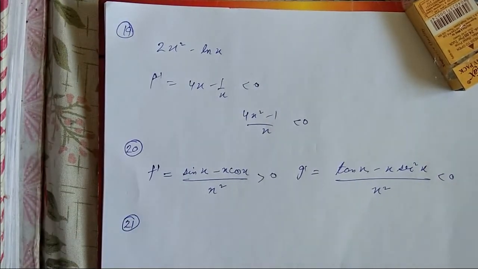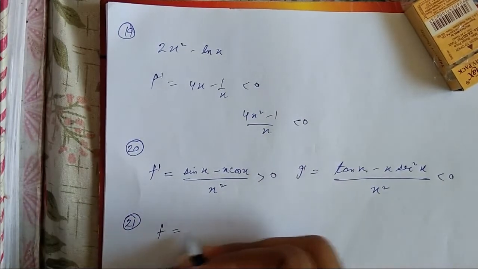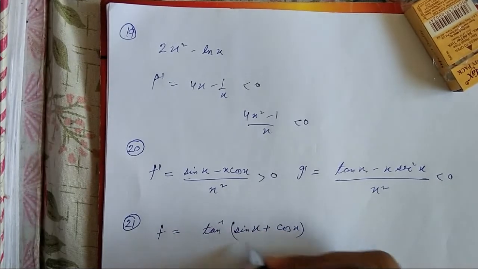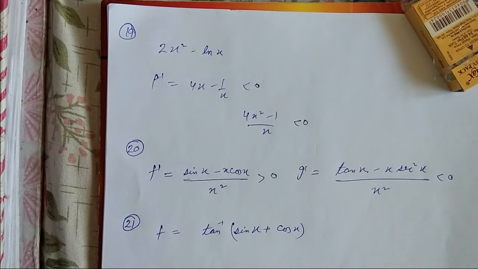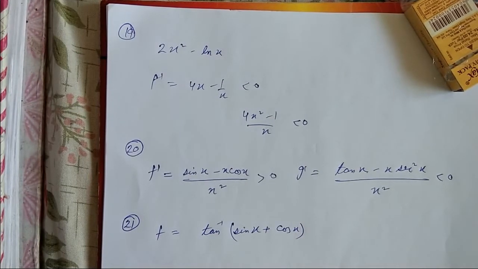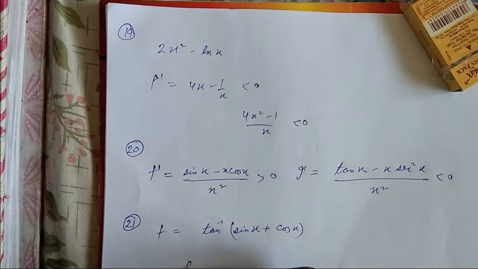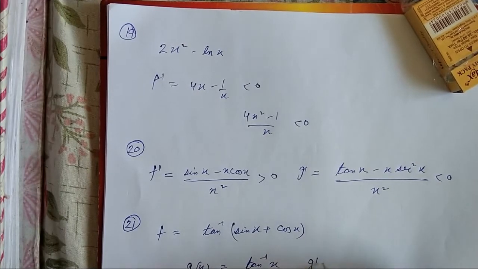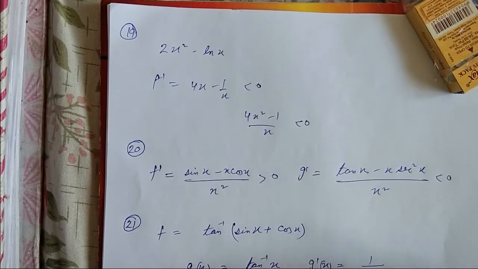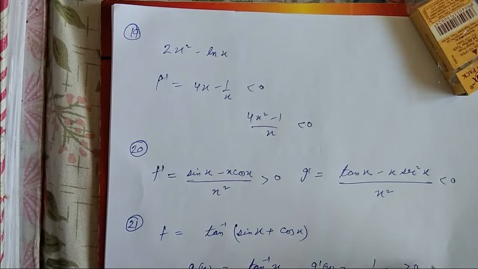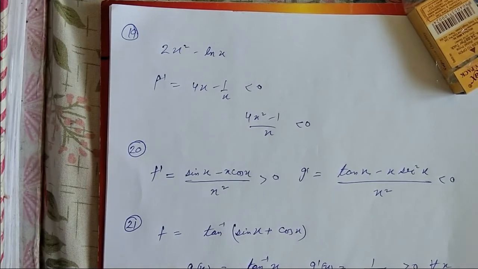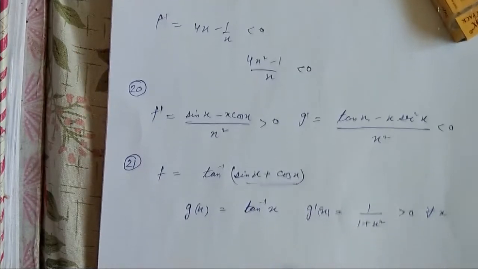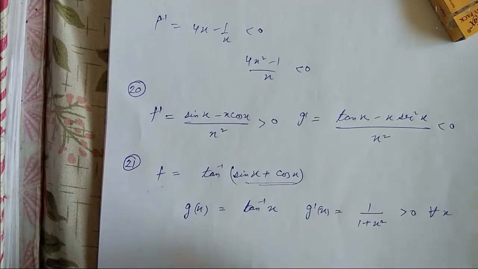Question number 21. We've been given f is equal to tan inverse of sin x plus cos x. So we need to calculate when this function is increasing. So let's calculate gx is equal to tan inverse x. Okay, so g dash x equal to 1 by 1 plus x square, which is greater than 0 for all x. Okay, so fx increases when sin x plus cos x increases.